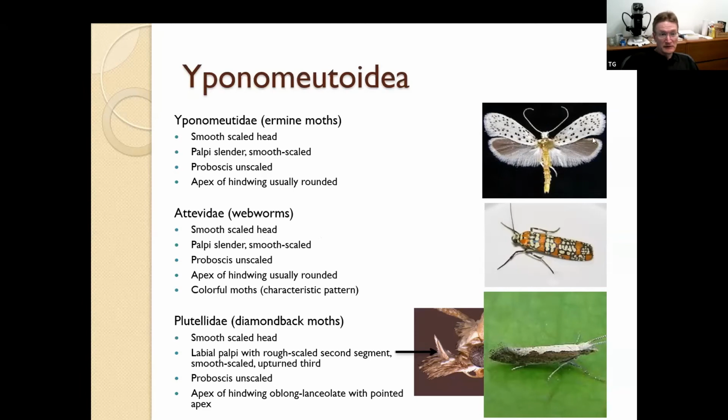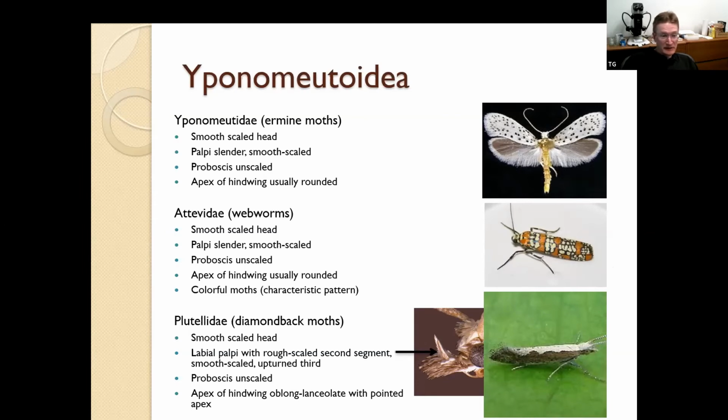You can see the wings are quite rounded in this example here too. That's another characteristic of this family. The Attevids are webworms, and these are common in a lot of areas. They have this distinctive sort of checker spot pattern here with the orange and yellow and black, and that's really distinctive of a lot of species in that group.